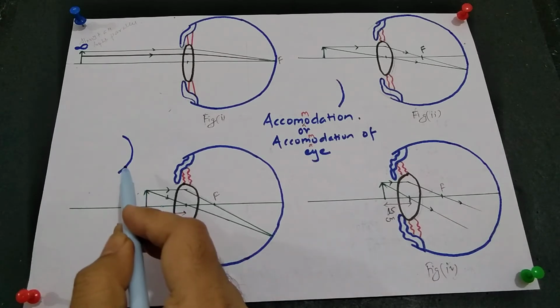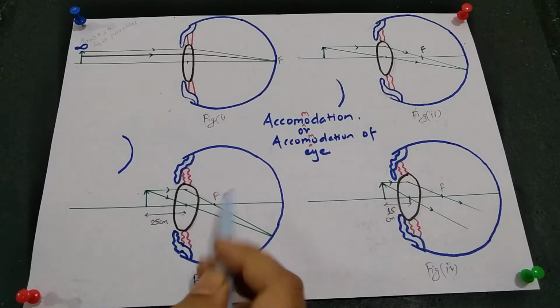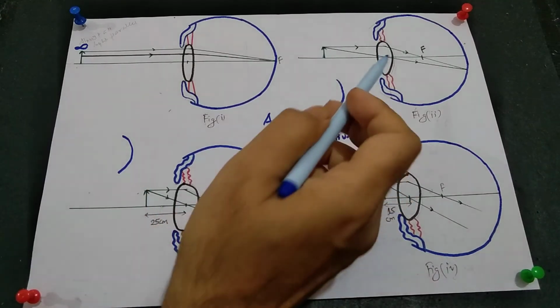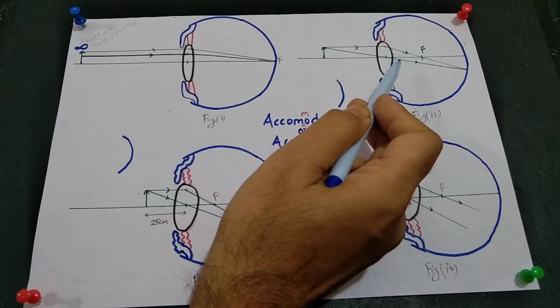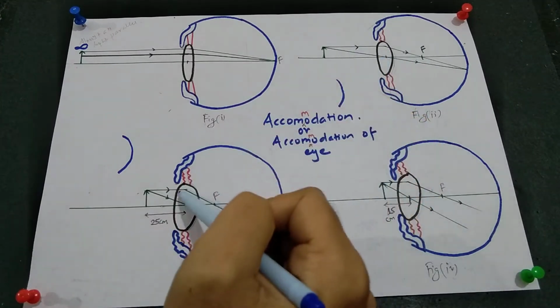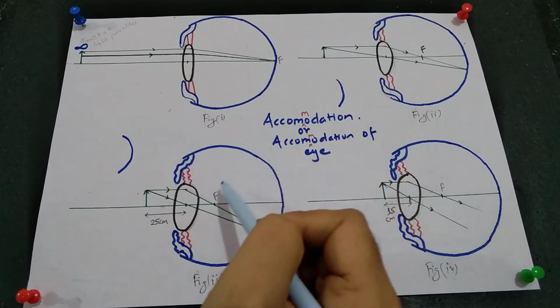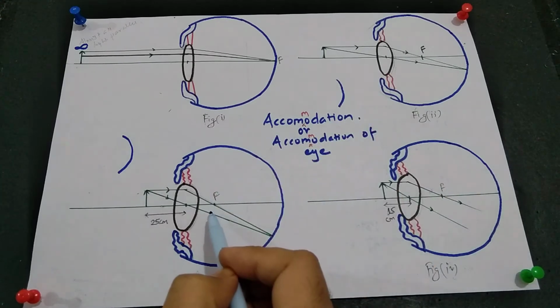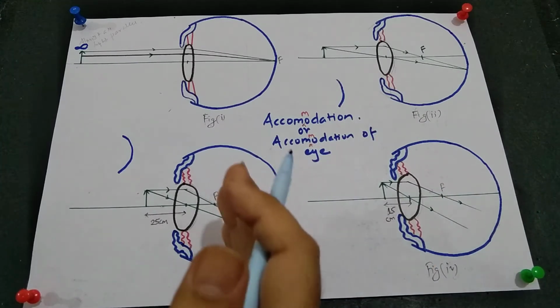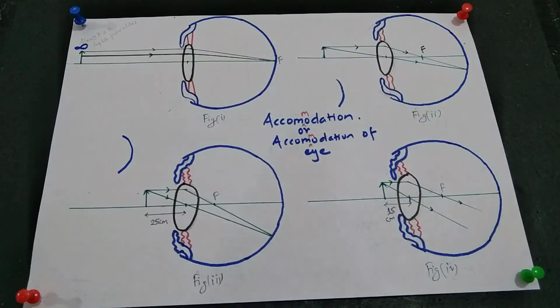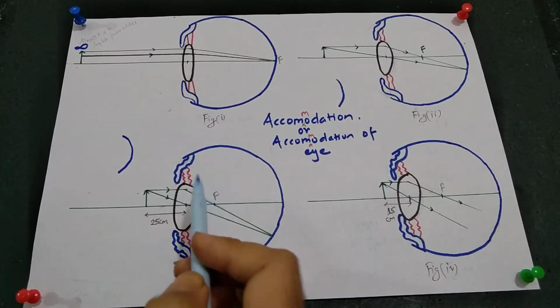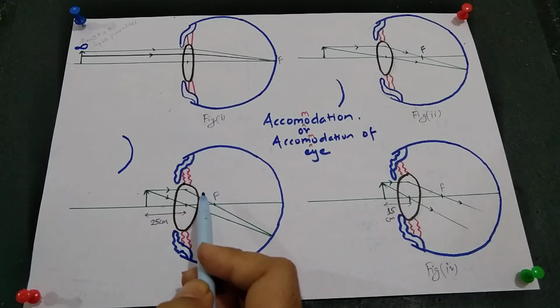Curvature increased means the focal length becomes shorter than this. Let's compare the focal length of these two pictures. Here the focal length has decreased more than this. The focal length has become shorter than before.